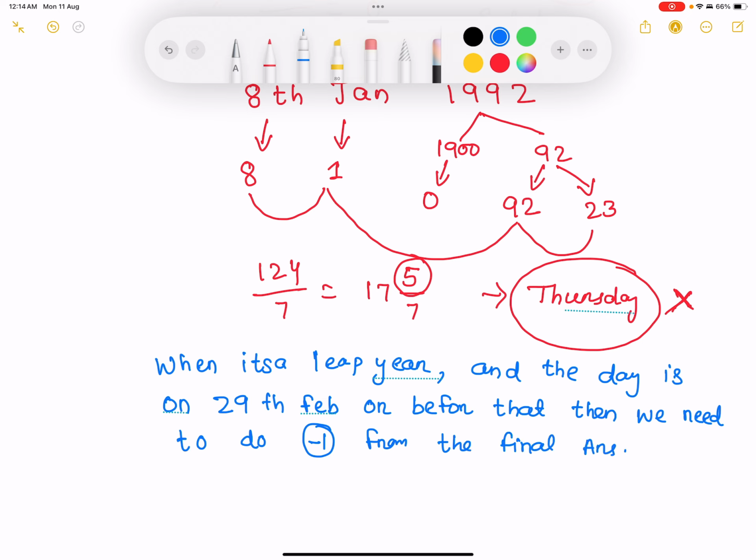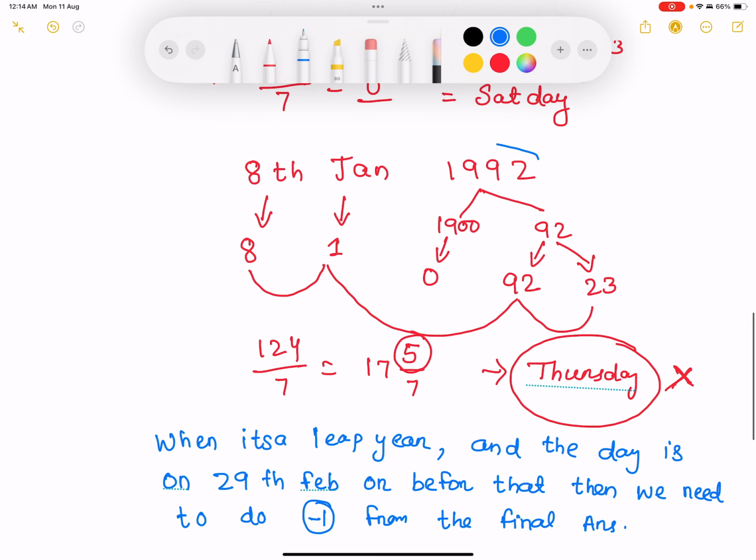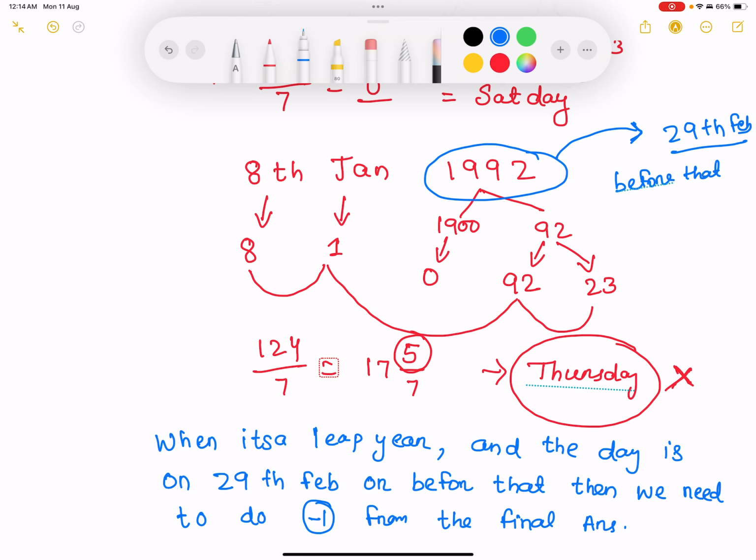Suppose here we are calculating 1992 as a leap year, and actually 1992 is a leap year, but that extra day is added on 29th of Feb, right? But my day is before that, so before that means I am not passing that extra one day.